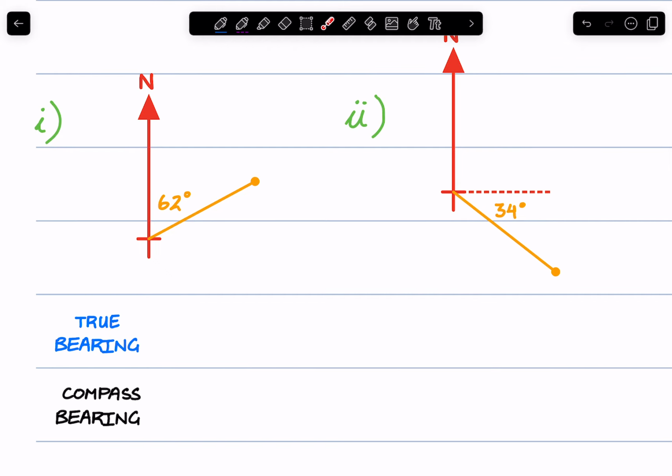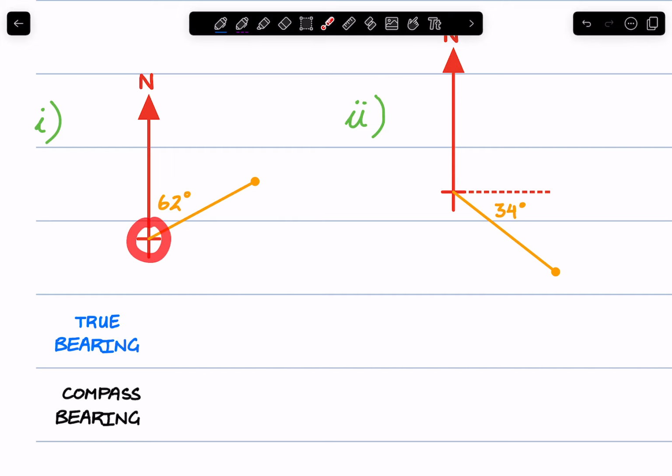For the true bearing, we always pretend there's a person standing at the middle of the compass and they are facing north. From where they're facing, how many degrees do they need to rotate in order to look at where this end point is?